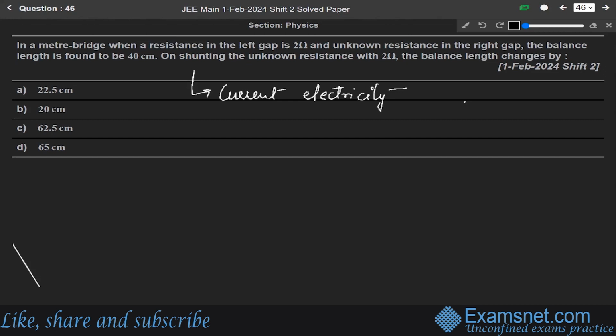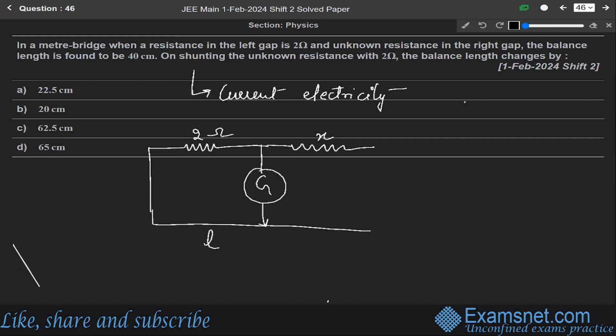According to the question, let us say this resistance is of 2 ohm and this is the X resistance, and this is a galvanometer G. This length is L and this will be 100 minus L, as we know that the total length is 100 centimeter.